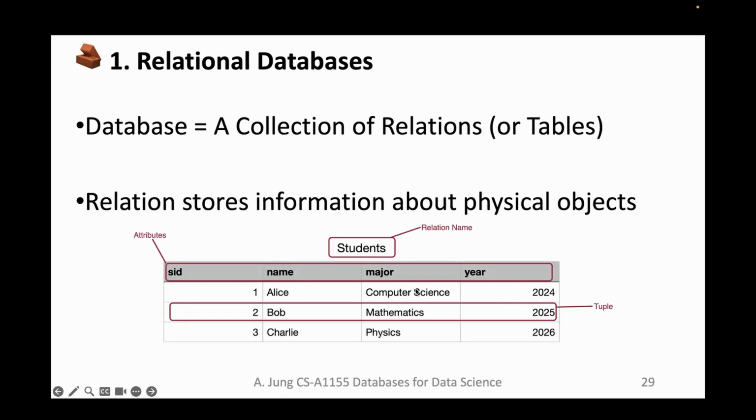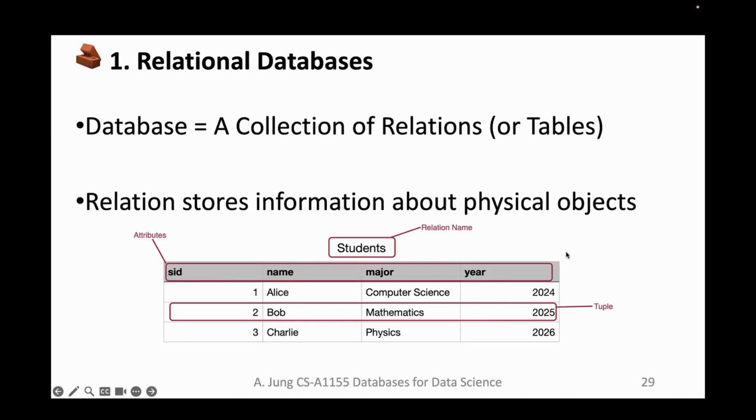So this relation consists of rows, each row being one elementary data point, so to say, or we call it a tuple in relational language or relational database language. This is called a tuple, one such row of a relation. And for each tuple, we have different attributes. So like in this here, we have a student ID, name, major, and year.